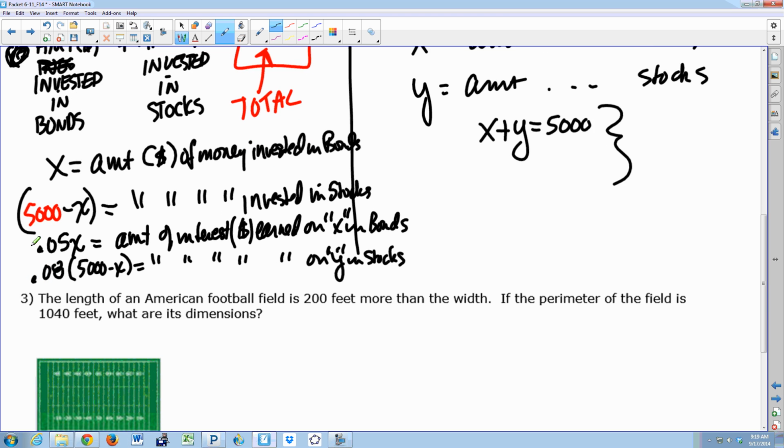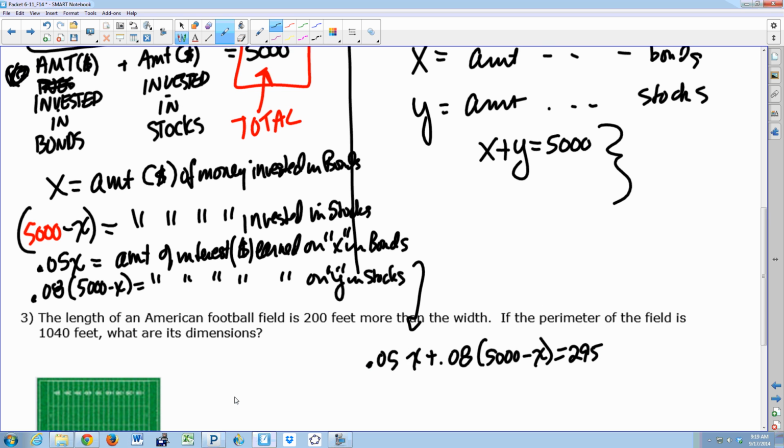And now, if you're working with one variable, you add these two together and you get $295, and you're all done because you have just one variable. All you do now is solve this for X. So some people really like one variable because they get their one equation, they don't have to think about any other method, and that's it.